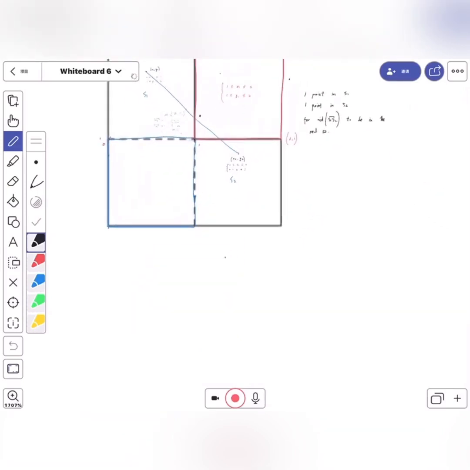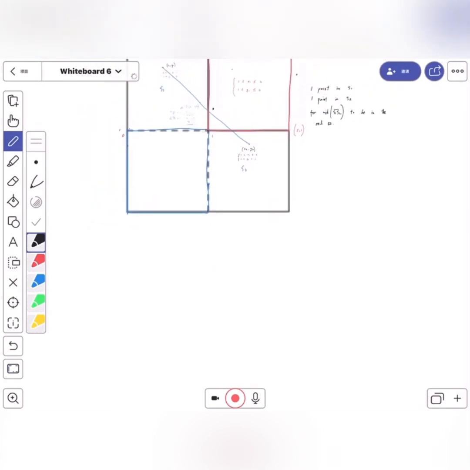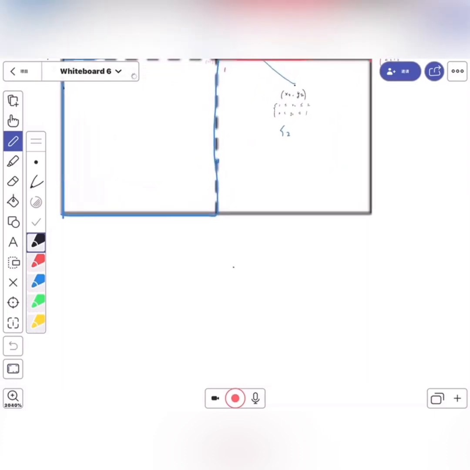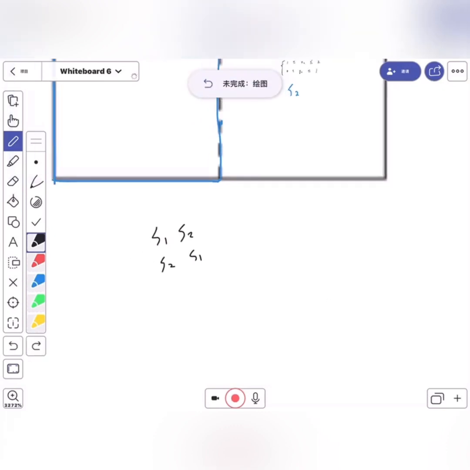Well, the order does matter. So we can choose S1 first and then S2, and we can also choose S2 first and then S1.